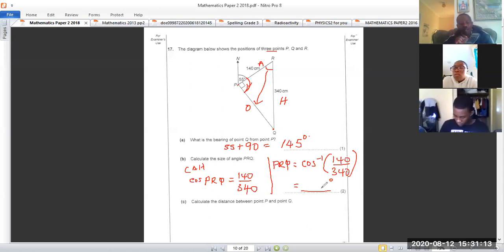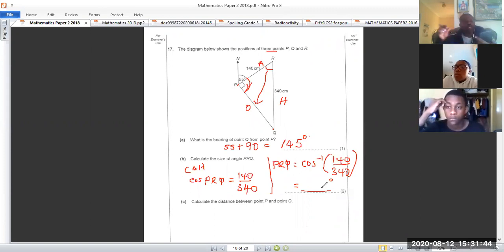Then you hit the cos button, and it will give you cos inverse. Then open bracket, 140 divided by 340, close the bracket and then press the equal button.